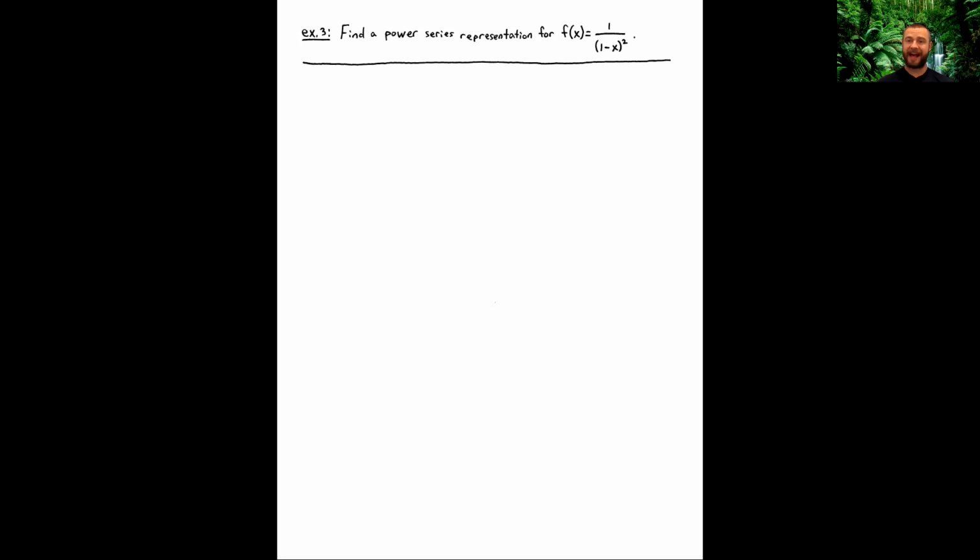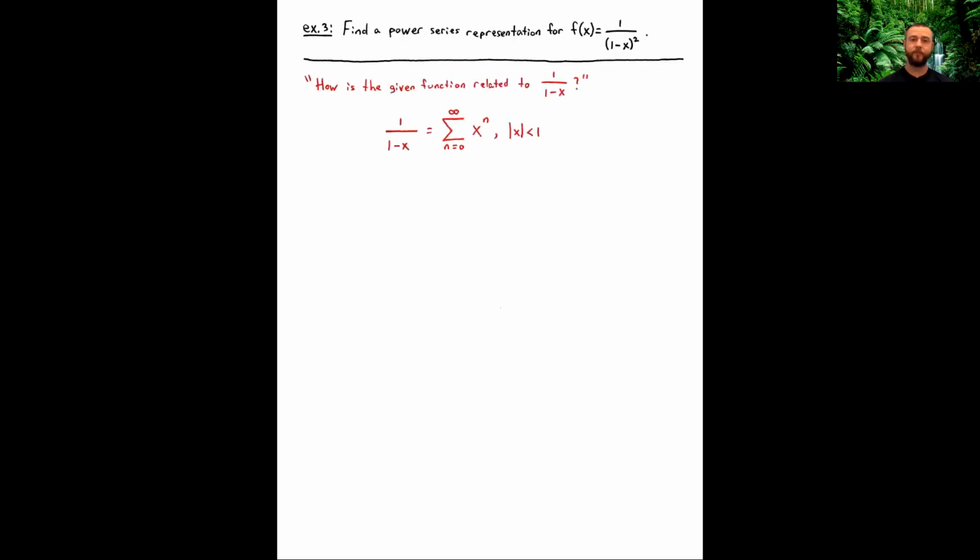And then we're going to try to think, how can we connect our function and see how it's related to 1 over 1 minus x. Might be an algebraic manipulation, might require derivatives, might require antiderivatives, or maybe a combination. Pause the video and give yourself an attempt at this. We'll check in a few minutes.